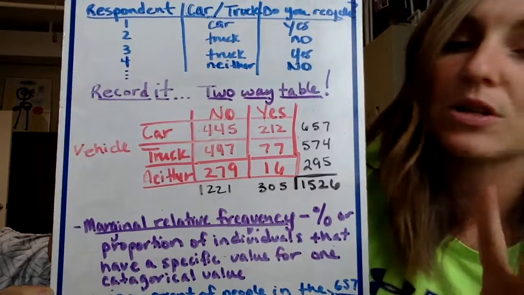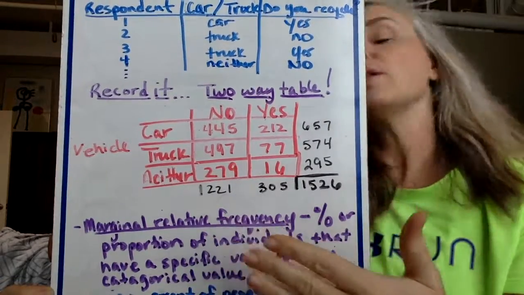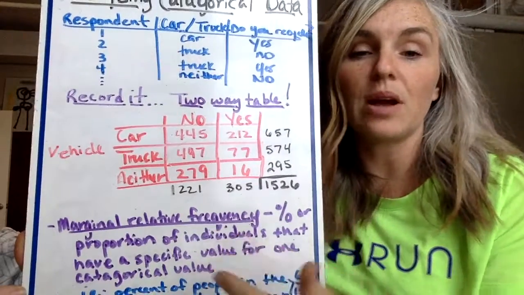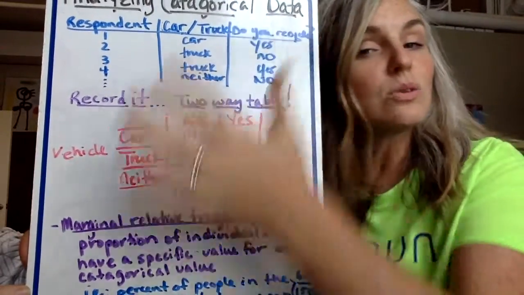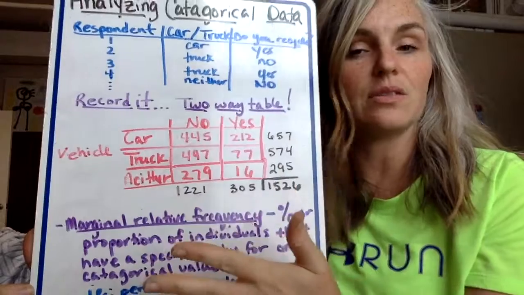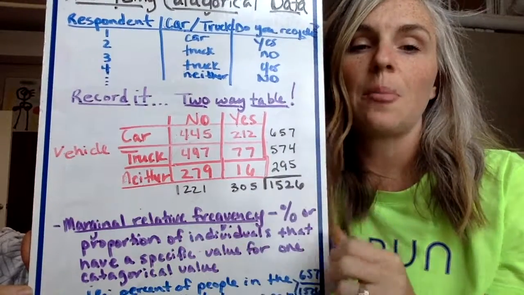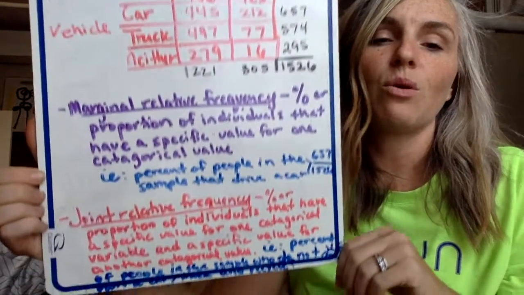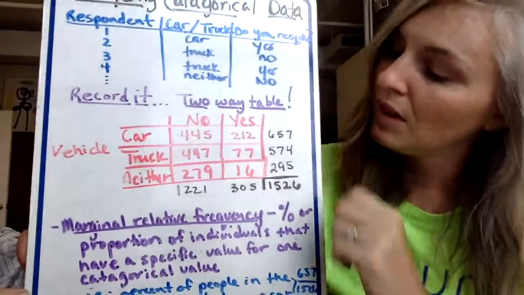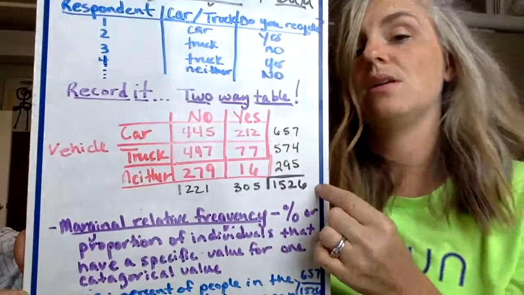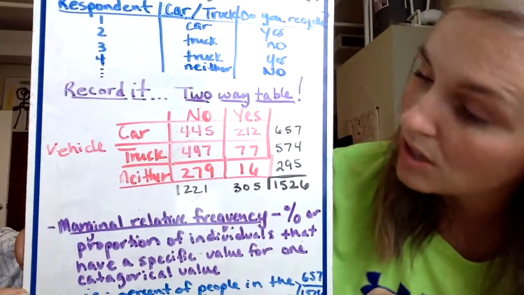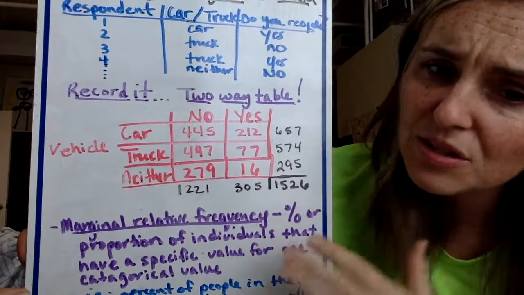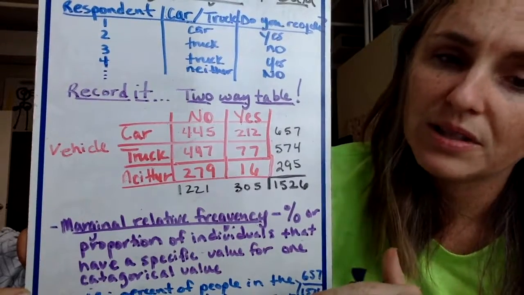Okay, there's a couple of things that we can look at here. The first two that I want to talk about have to do with relative frequency, and anytime we talk about relative frequency, we're saying relative to all the individuals in the study. So if it's marginal relative frequency or joint relative frequency, our denominator is going to be 1526, because that's the total number of respondents in the study. Let's start here with marginal relative frequency.